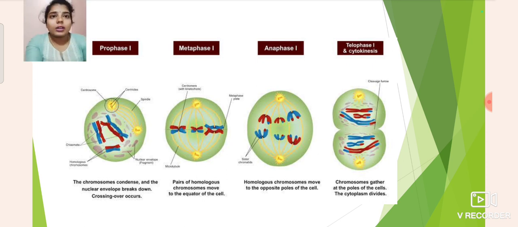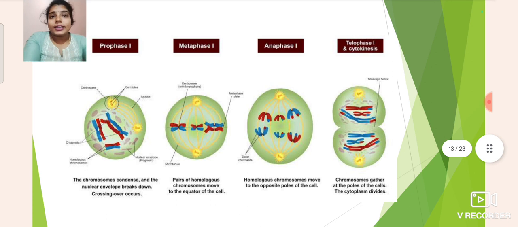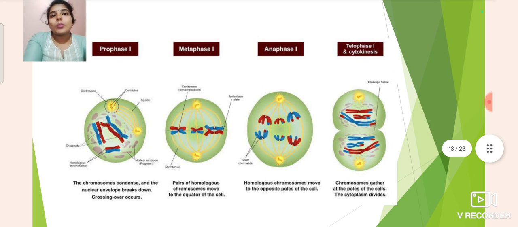Then in zygotene, two homologous chromosomes pair with each other, which we call synapsis, due to the synaptonemal complex.